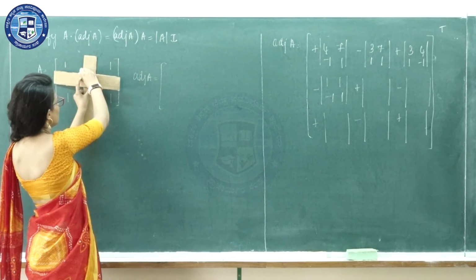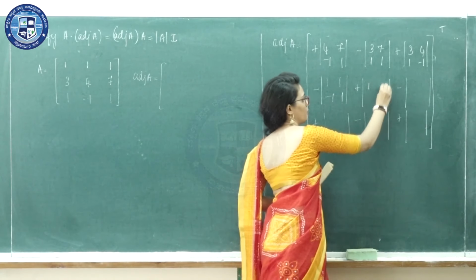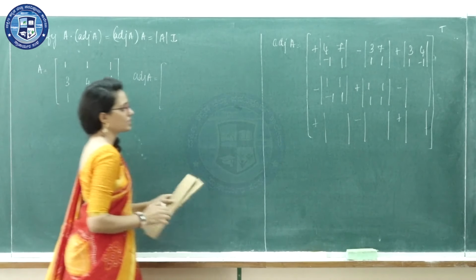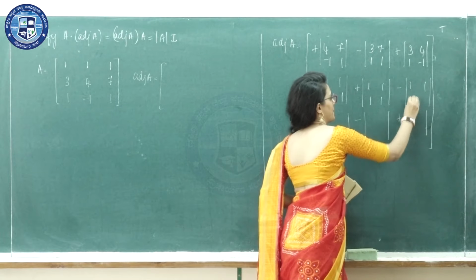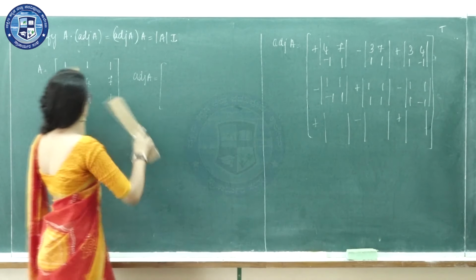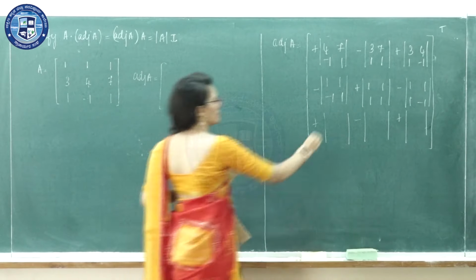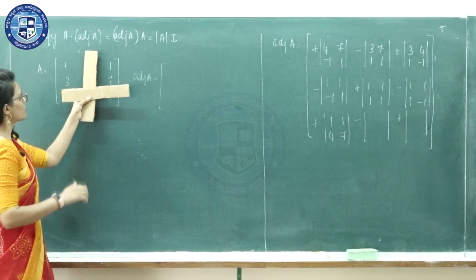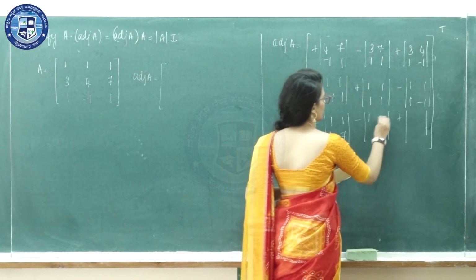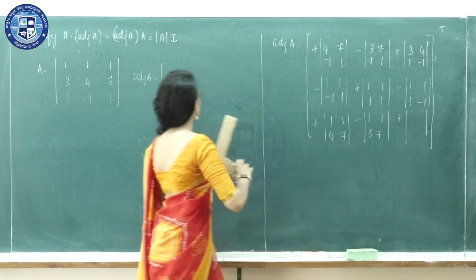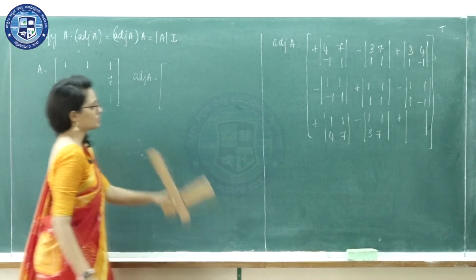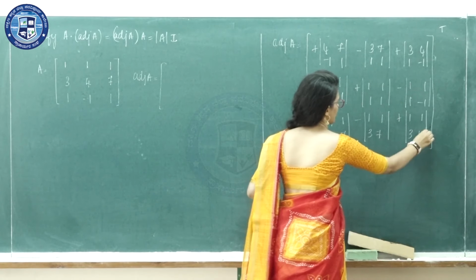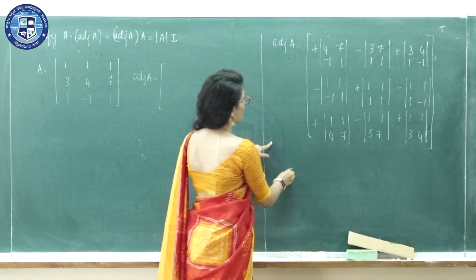Next one, 1, 1, 1, 1. For the next term, it is 1, 1, 1 minus 1. Next one, 1, 1, 4, 7. Next one, 1, 1, 3, 7. and the last term 1, 1, 3, 4. Okay, so let's calculate the value of the determinants.